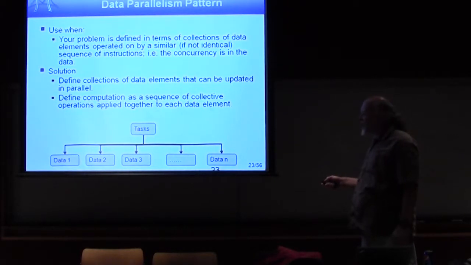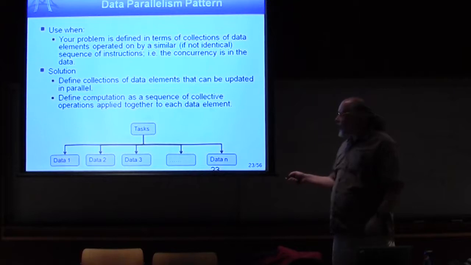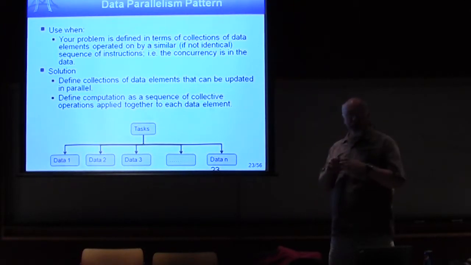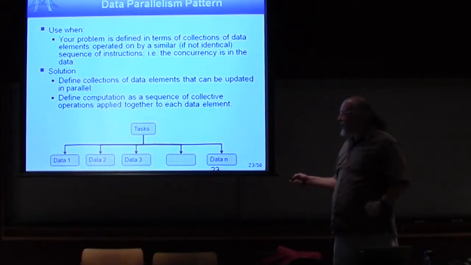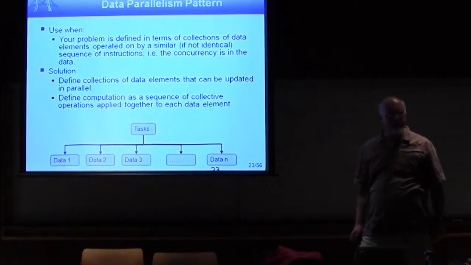So we're operating many tasks, but the nature of what's done in each task is defined in one place. This is single instruction multiple data, or single program multiple data, applied to independent data sets.